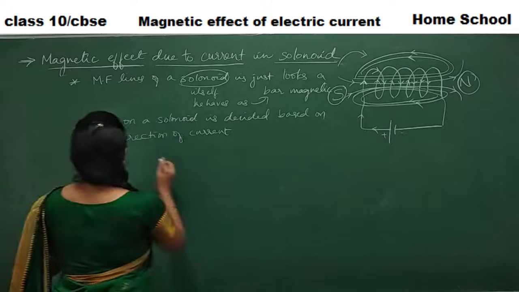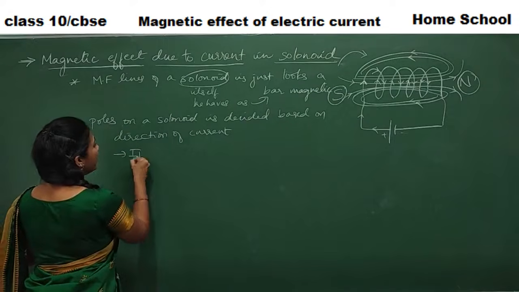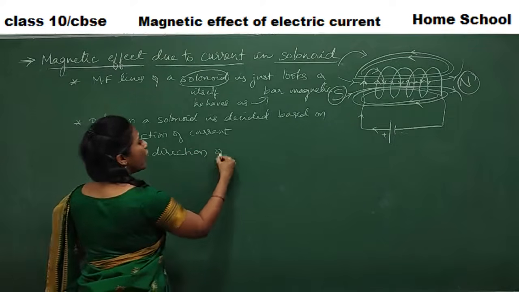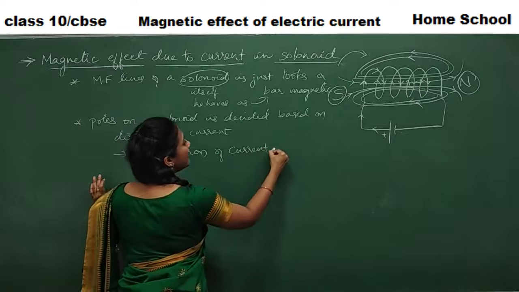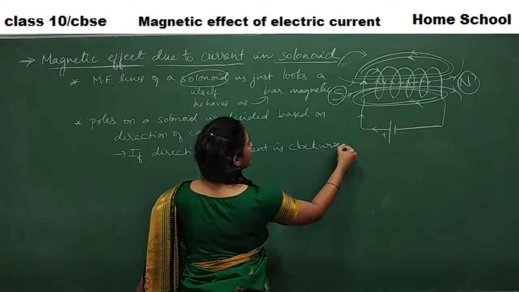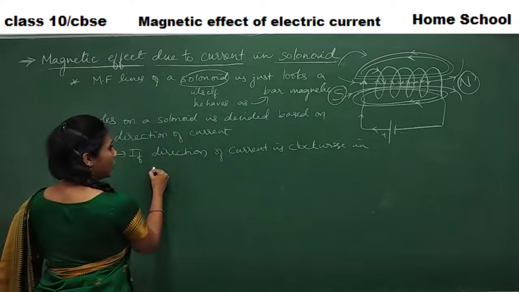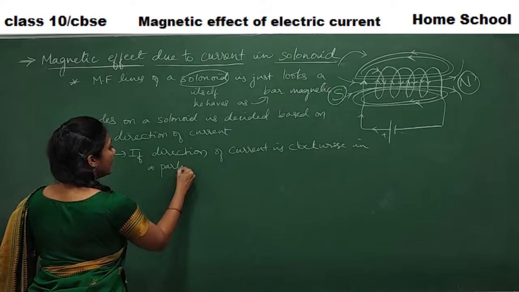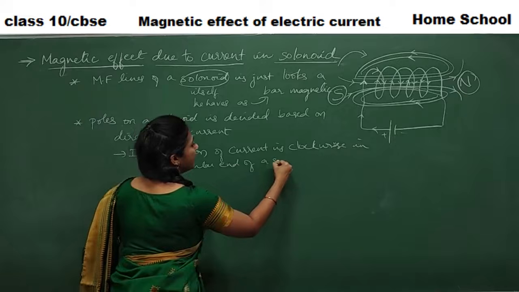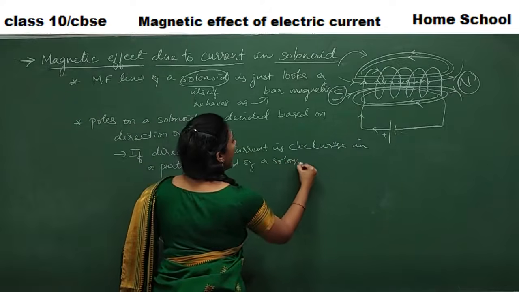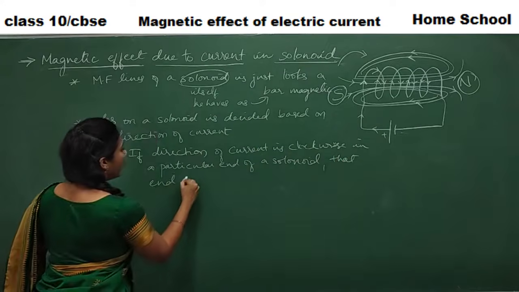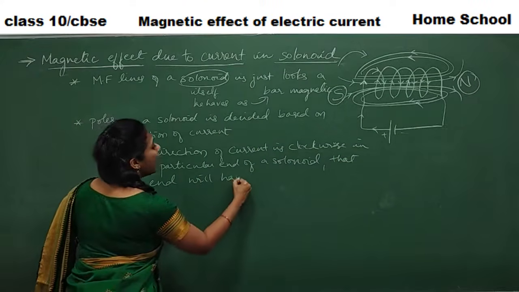Okay, so what I would like to write here is, if the direction of current is clockwise in a particular end of a solenoid, that end will have a south pole.